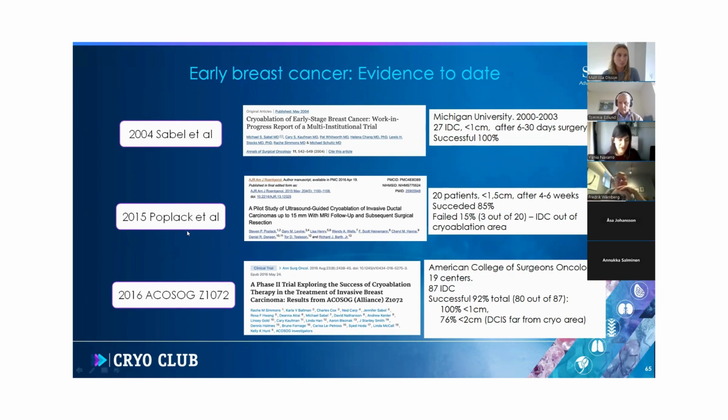In 2015, there was a study by Pusztaszeri et al., and 1 year later, another one by the ACOSOG. As conclusions of these trials, it seems that cryoablation is a little less effective in lesions between 10 and 20 millimeters, and especially when there is an intraductal component associated. And later we are going to understand why this happens.